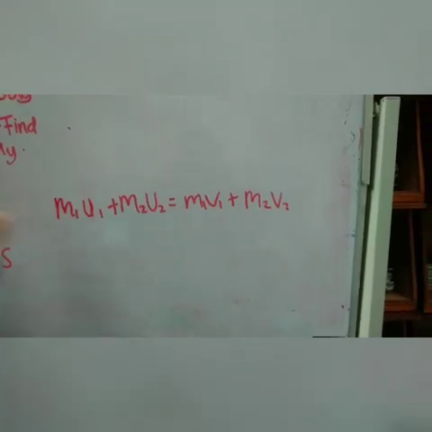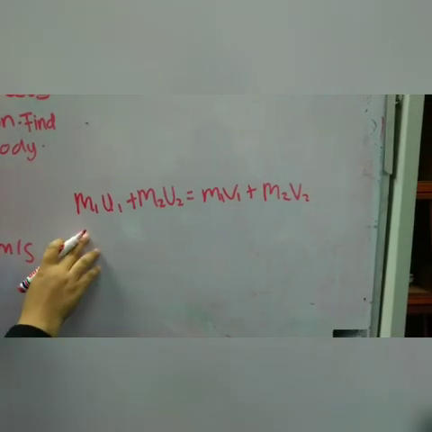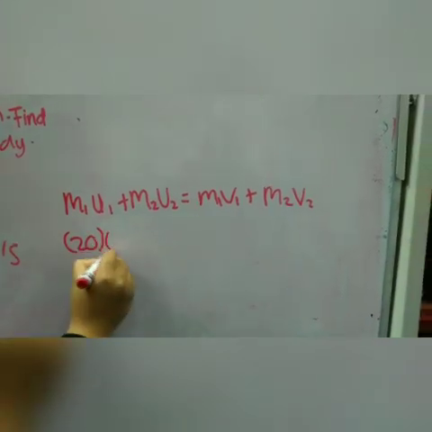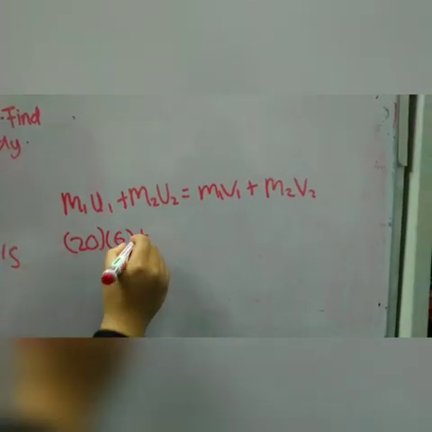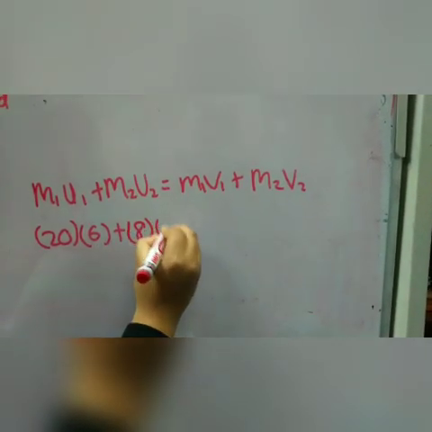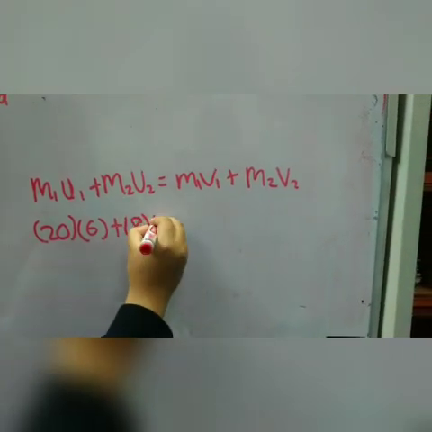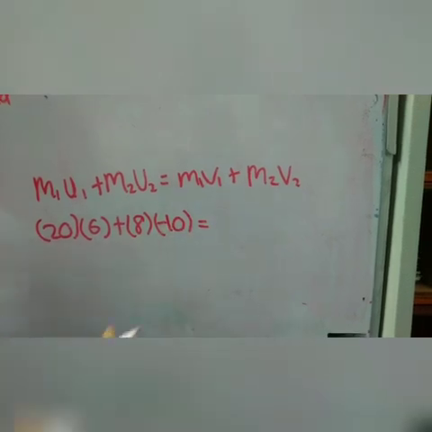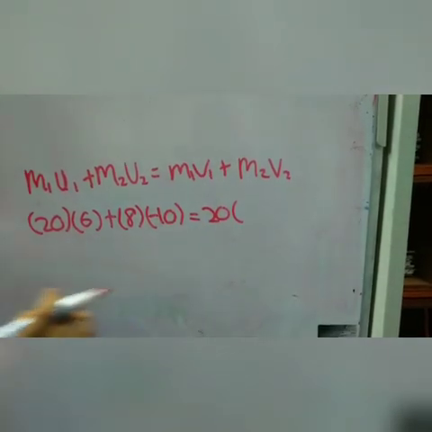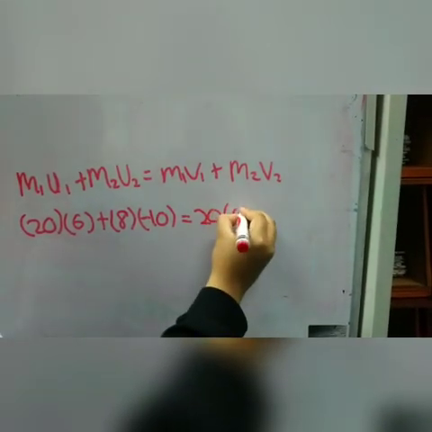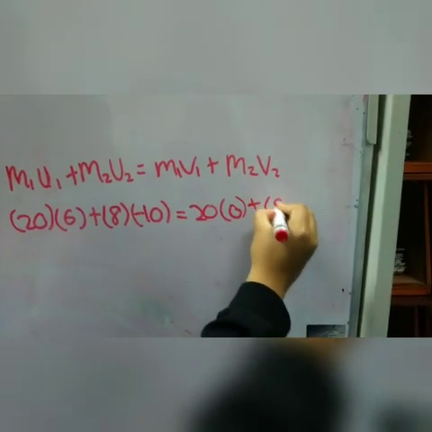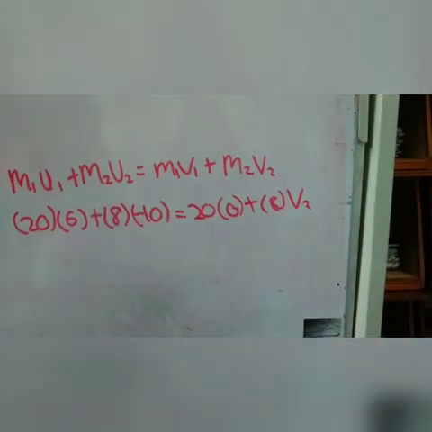So we substitute the information given: M1 equals 20, U1 equals 6, plus M2 8, U2 negative 10, equals M1 20 times V1, which equals 0 because it stopped, plus M2 8 times V2.